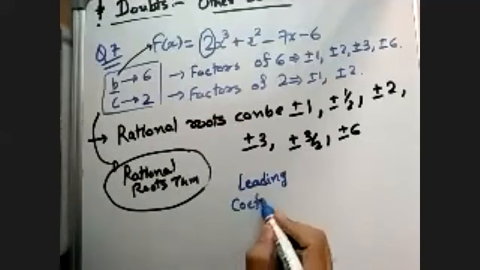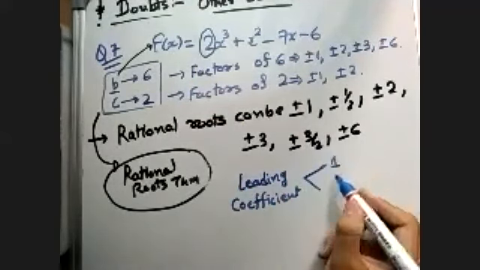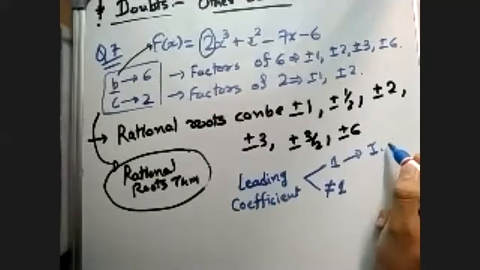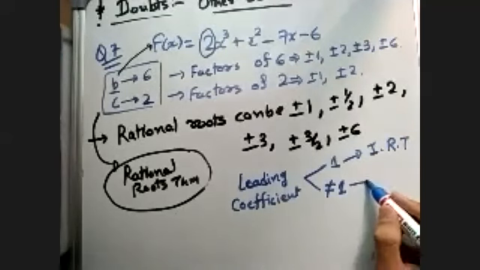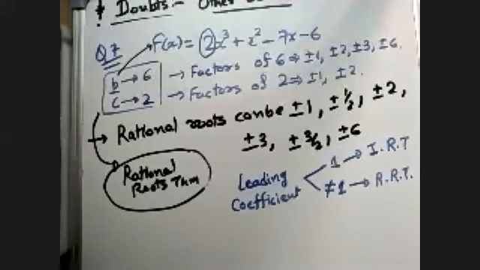So it all depends on the leading coefficient, right? If it is 1, you can move to the integral roots theorem, and if it is not 1, you can move to the rational roots theorem. Okay.